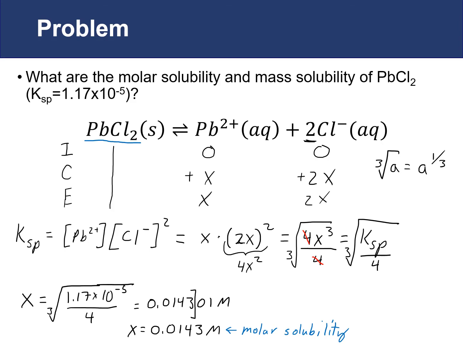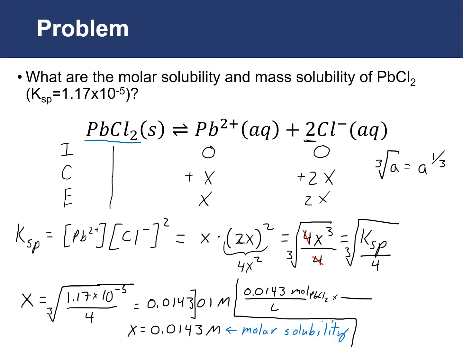The mass solubility is the same general idea, except we have to convert the moles into grams. So we will take our 0.0143 moles per liter, and X is the moles of the lead chloride, PbCl2, that dissolved.